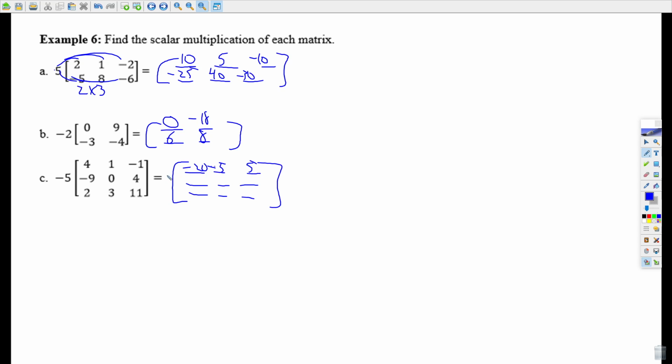Really just practicing multiplication right here. 45, 0, -20 again, -10, -15. And it's possible I might get one of these wrong. I'm going fairly quickly through it. That's a -55. And that's it.